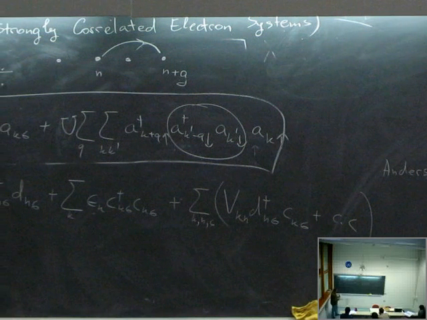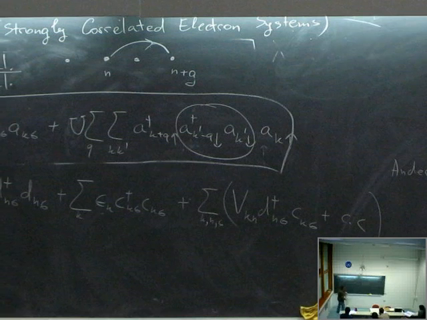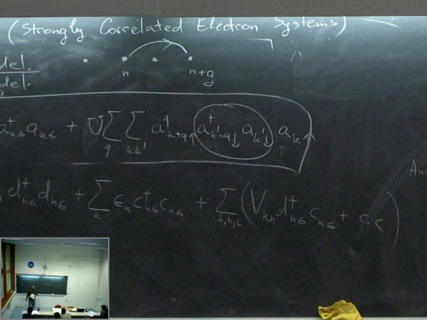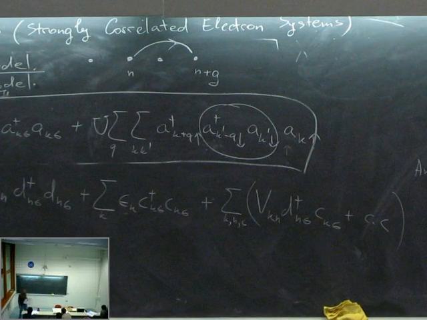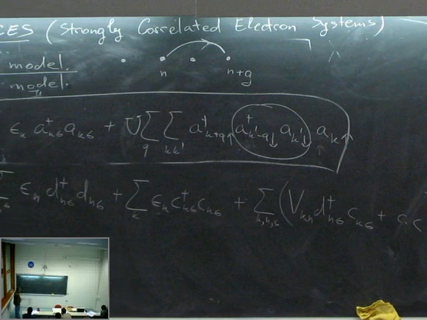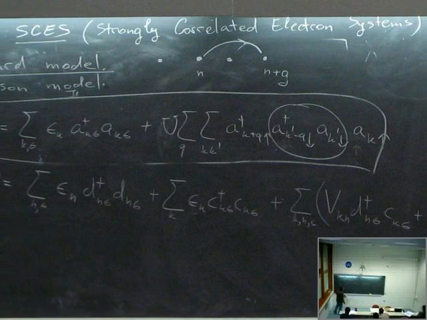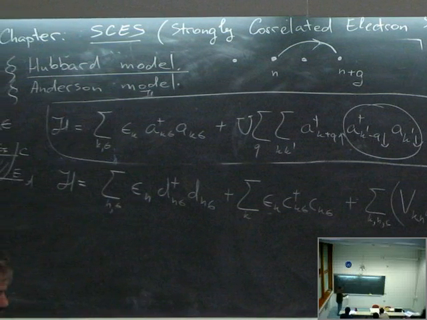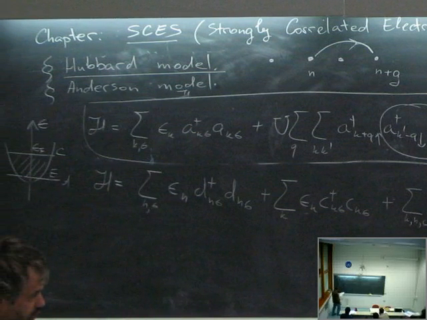And if we exclude the single occupancy of the electrons on the inner shell, we can do it in different ways. There are unitary transformations which allow you to do it directly.